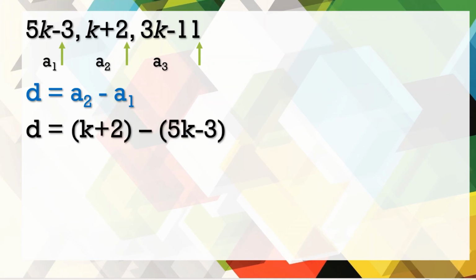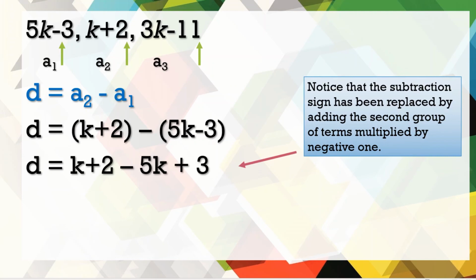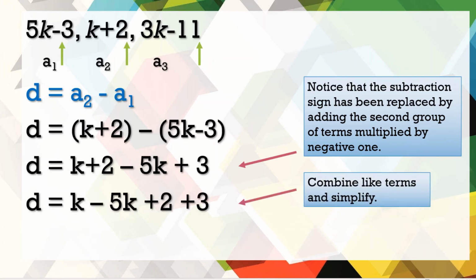We have k plus 2 minus 5k minus 3. Then, d equals k plus 2 minus 5k plus 3. Notice that the subtraction sign has been replaced by adding the second group of terms multiplied by negative 1. Then, k minus 5k plus 2 plus 3.